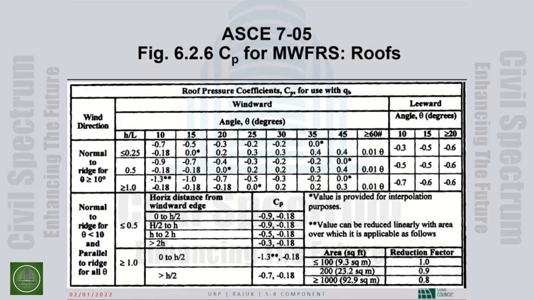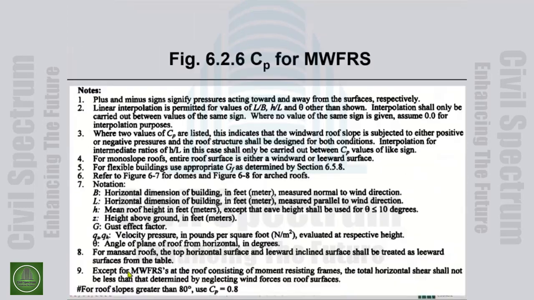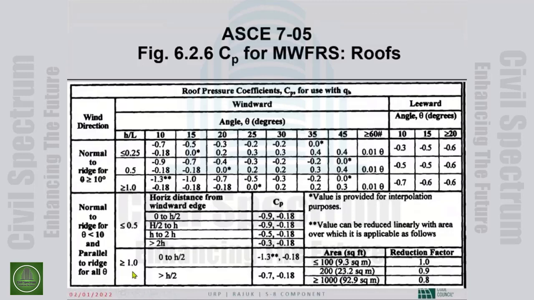The upper half is wind normal to the ridge for steeper roofs, theta exceeding or equal to 10 degrees. The lower half is parallel to the ridge or normal to the ridge for flatter roofs. Here there are some interesting things that happen. Let's take this. H over L, so mean roof height is larger than or equal to the plan dimension parallel to the wind.